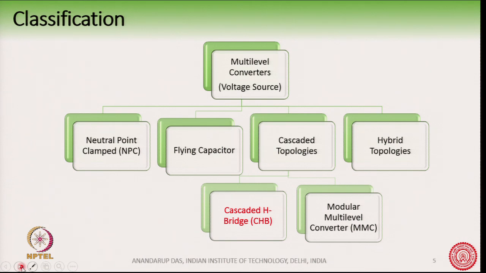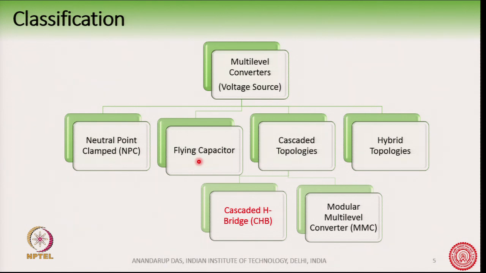So, if we see the family of multi-level converters, basically multi-level converters are usually voltage source converters. We have this neutral point clamp converter, NPC. We will study this in detail sometime later. There is also this flying capacitor.